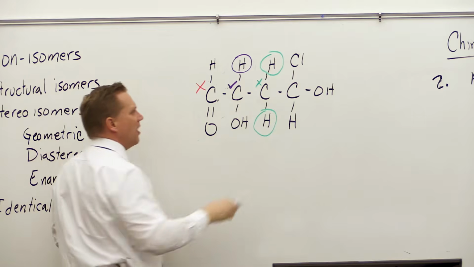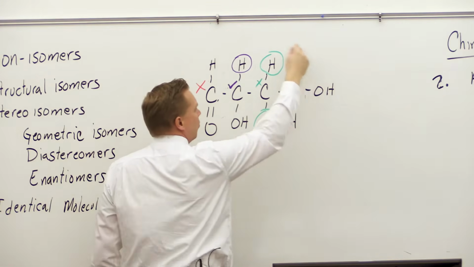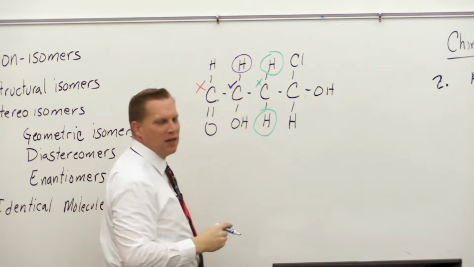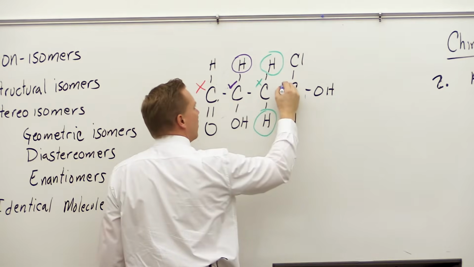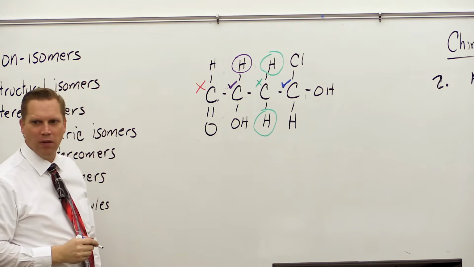And then finally on the end here, if I do the same thing, here's one group, there's one group, 3, 4. I look at those 4 groups in my head. All of those are different, so that 4th carbon is an asymmetric carbon. Okay?